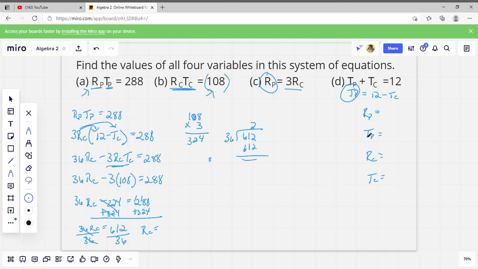Let's try that again. 1 times 36, minus 36, is 25, bring down the 2, that's going to be 252. 36 times 7 is 252. There we go. RC equals 17.